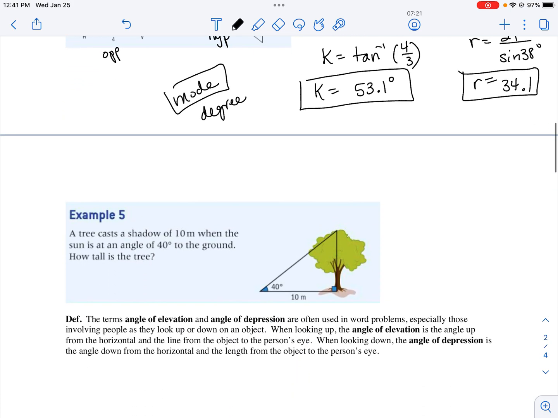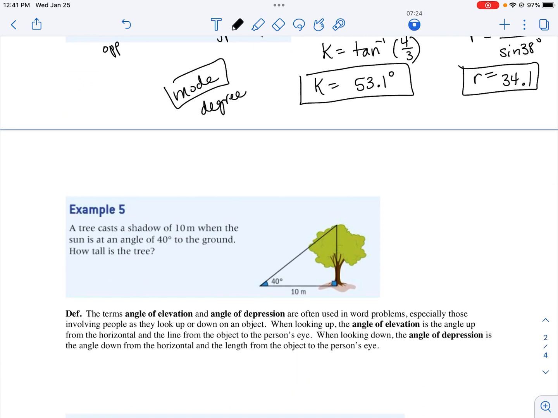All right. So now let's look at example 5. It says a tree casts a shadow of 10 meters when the sun is at an angle of 40 degrees to the ground. How tall is the tree? So I'm going to call the tree H, for the height. From the 40-degree angle, that's opposite over adjacent.